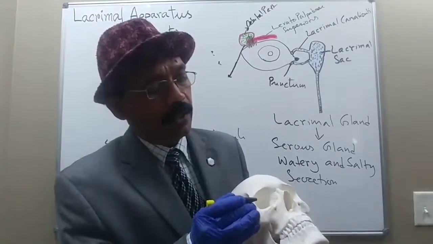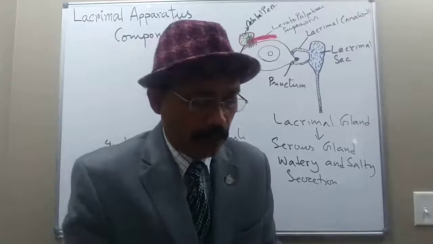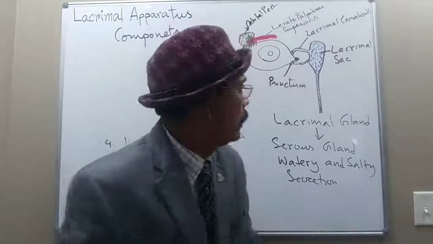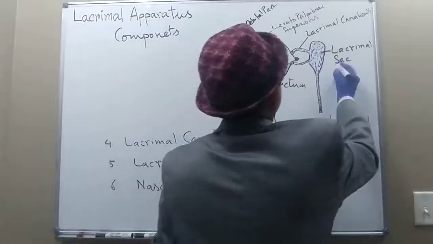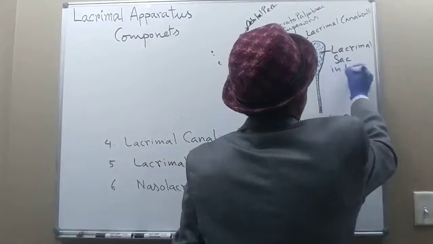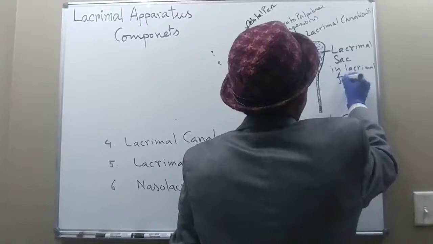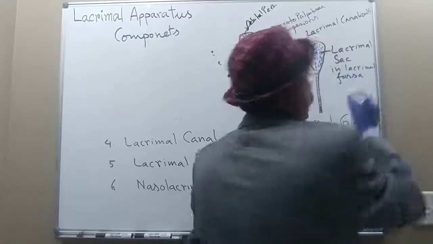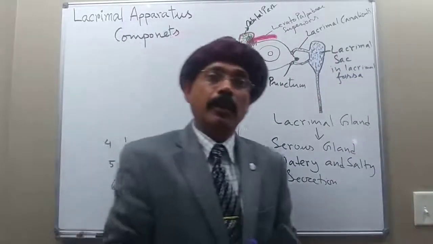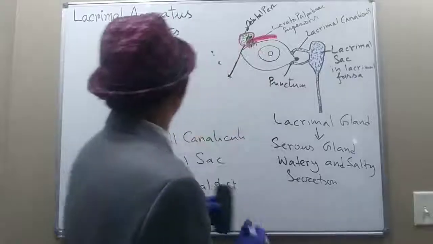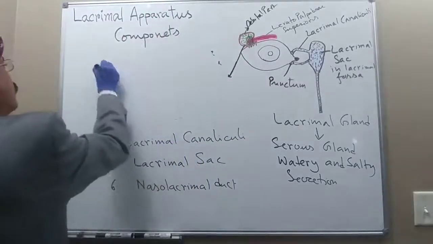This is the lacrimal bone. This is the posterior lacrimal crest, and this is the anterior lacrimal crest. So we got the lacrimal sac in the lacrimal fossa.